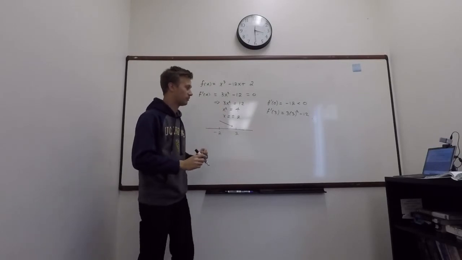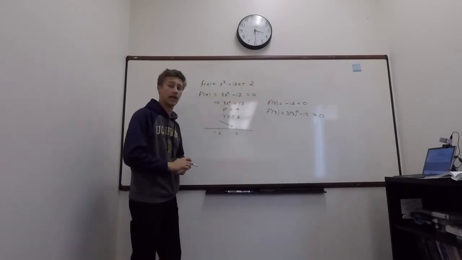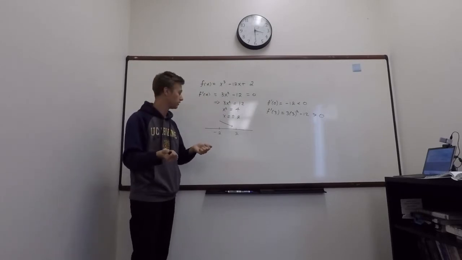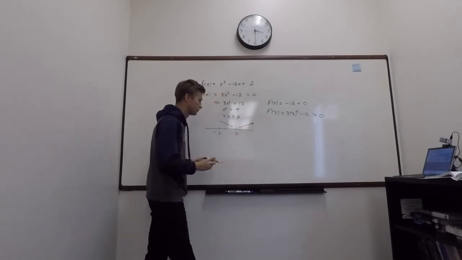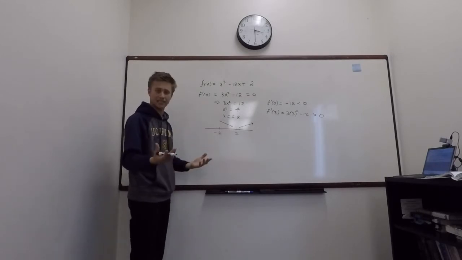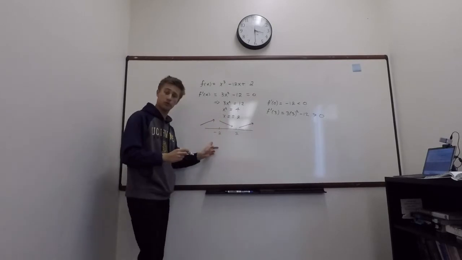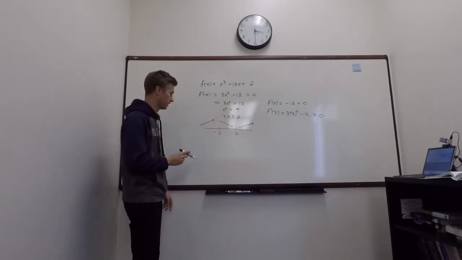That's 27 minus 12, which is positive. I don't need to know what the number is, I just need to know if it's positive or negative. Because it's positive, it's increasing on this interval. Lastly, check over here, choose a value like negative 3, and you will see that it's increasing. Don't take my word for it, choose a value, plug it in, and see that it's true.